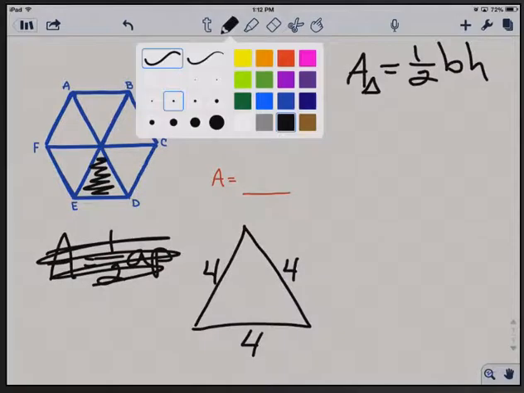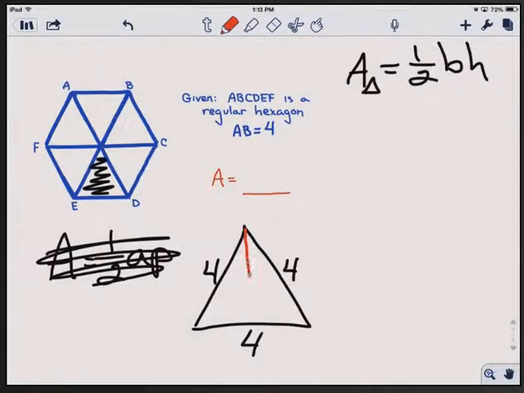If we draw in an altitude for that triangle, it's going to intersect at the midpoint of the base. That's the case for all isosceles or equilateral triangles when you draw the altitude perpendicular to the base. So therefore this segment over here is 2 and this segment is 2, and we can solve for x a couple of different ways.